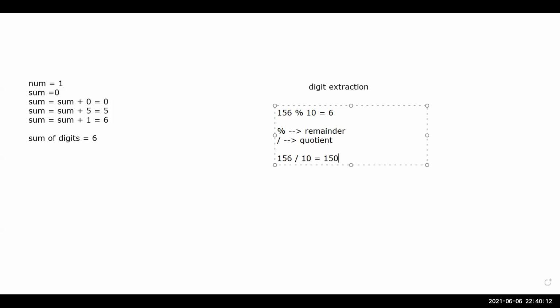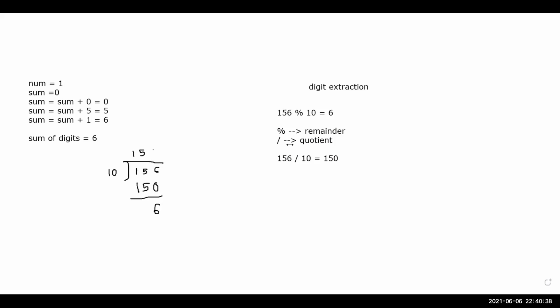This is for the case of integers. For example, if you divide 156 by 10, you will get 15 as the quotient and the remainder will be 6.